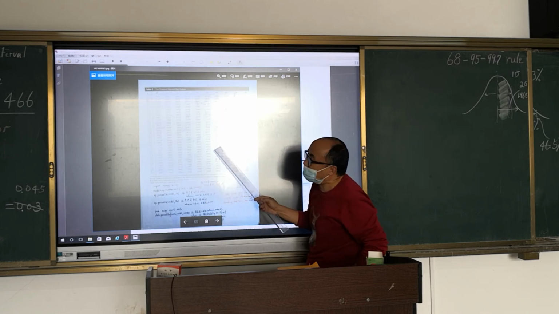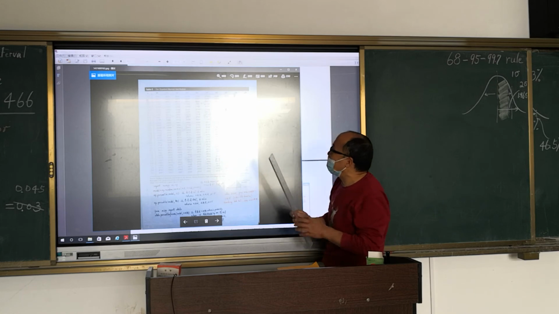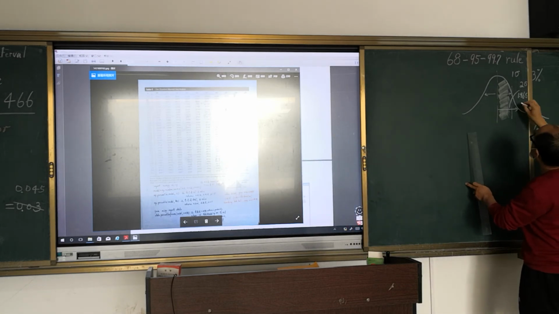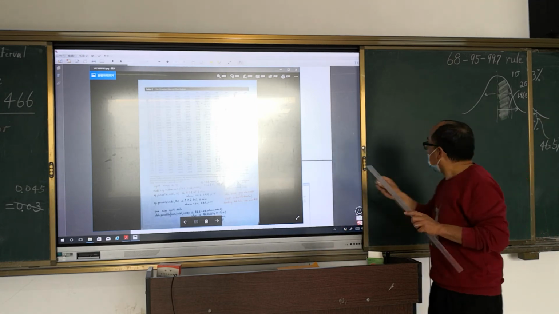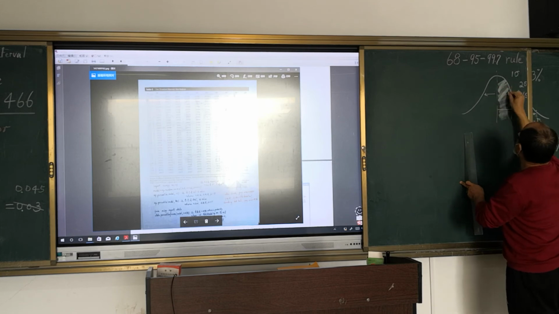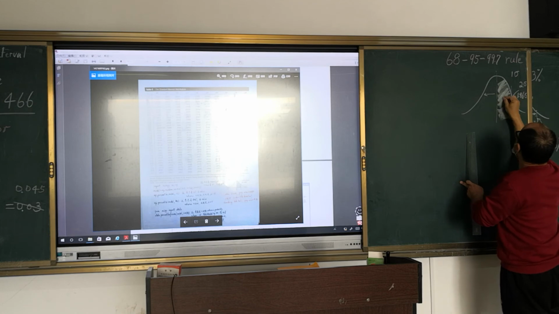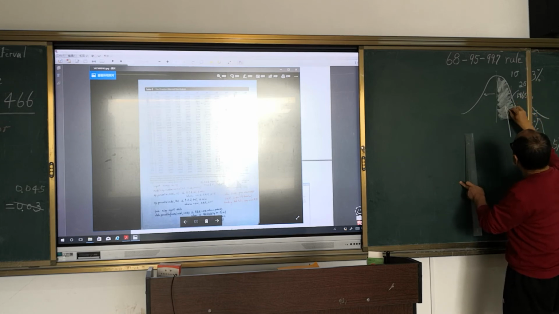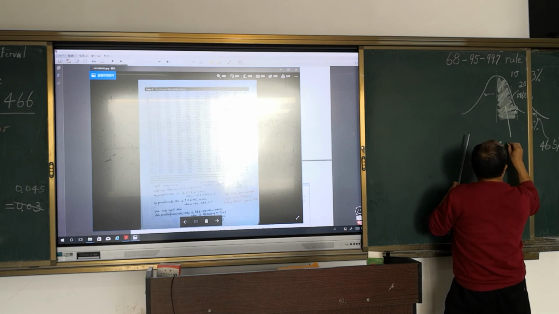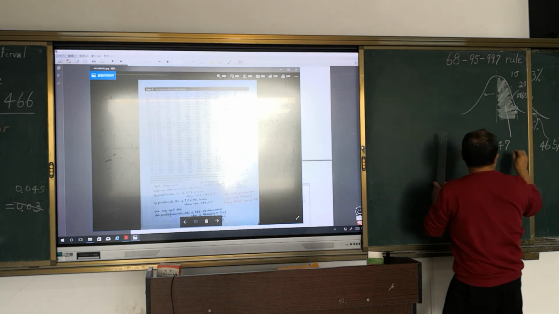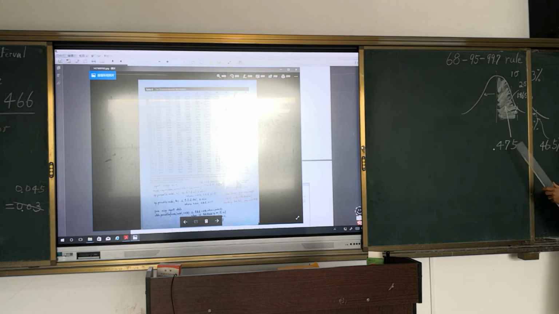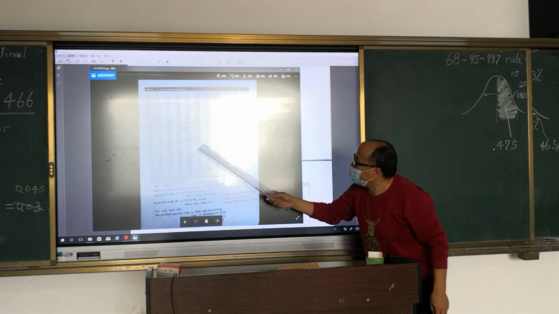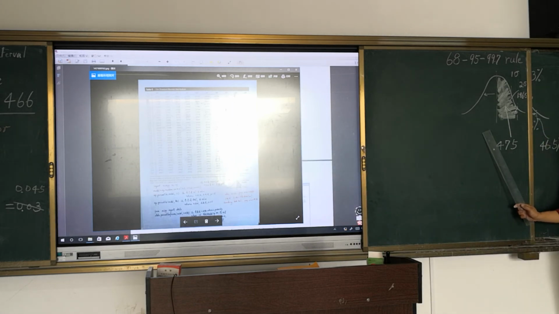It is here, I marked it with red. 1.96 is 4750, which means this part is 4750. Double including this part is 95%.